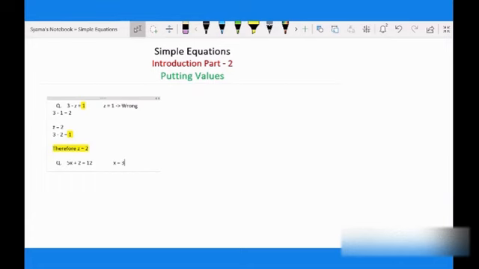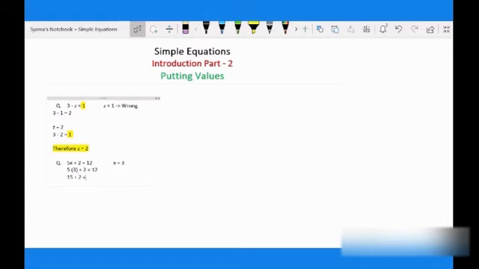Now let's substitute the value of 3 in the place of x. So 5 brackets 3, which is 5 multiplied by 3, plus 2 equals 12. But 5 threes are 15, plus 2 equals 17.